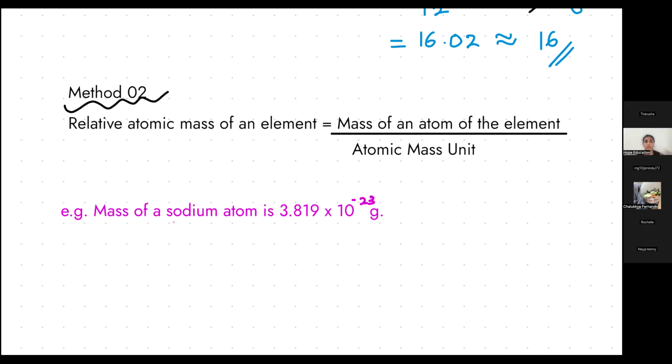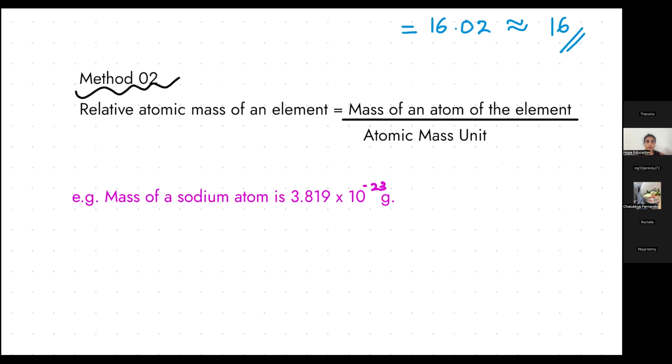Then now they give you the value of atomic mass unit, 1.67 into 10 to the power minus 24.